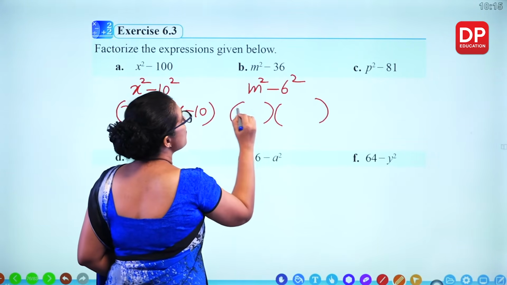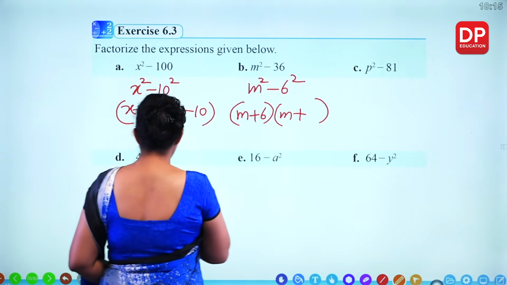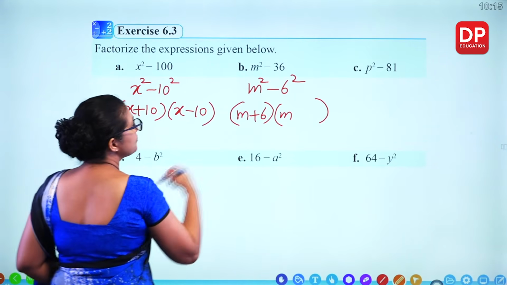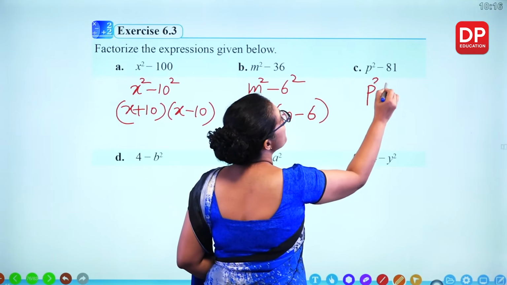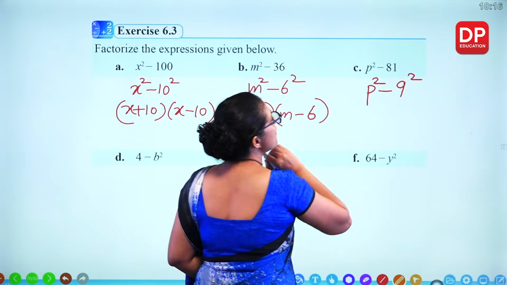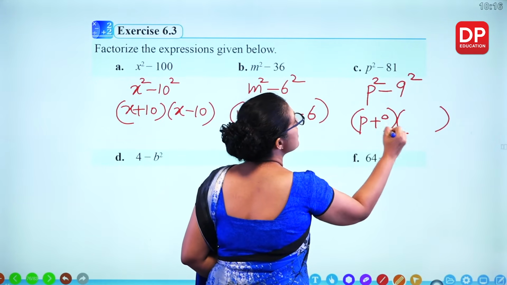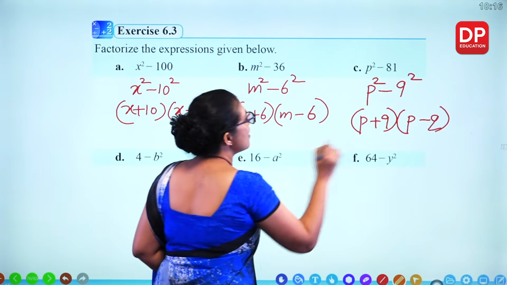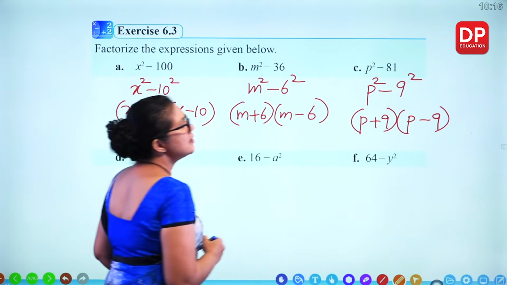One factor is positive and the other factor is negative. What about this one? 9 squared is 81. You can write one factor positive, other factor negative.